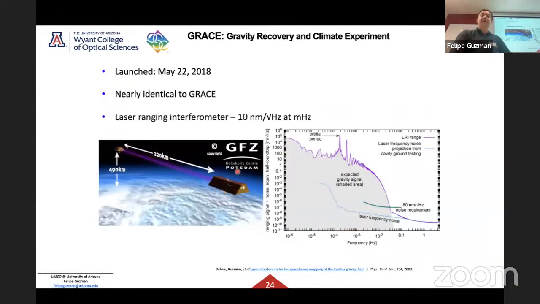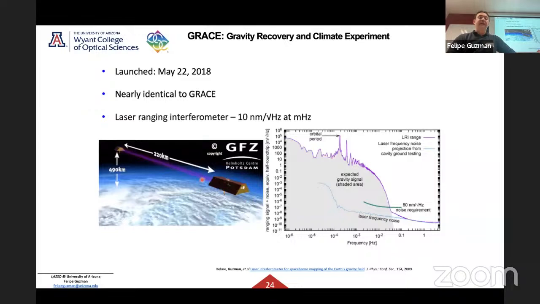It has been able to measure the spacecraft separation with nanometer resolution. For this mission, we don't need picometer resolution. And because of some technical aspects, the limitation there is about 10 nanometers, mostly driven by laser frequency noise. But that is sufficient for this observation. It has operated for several years successfully.